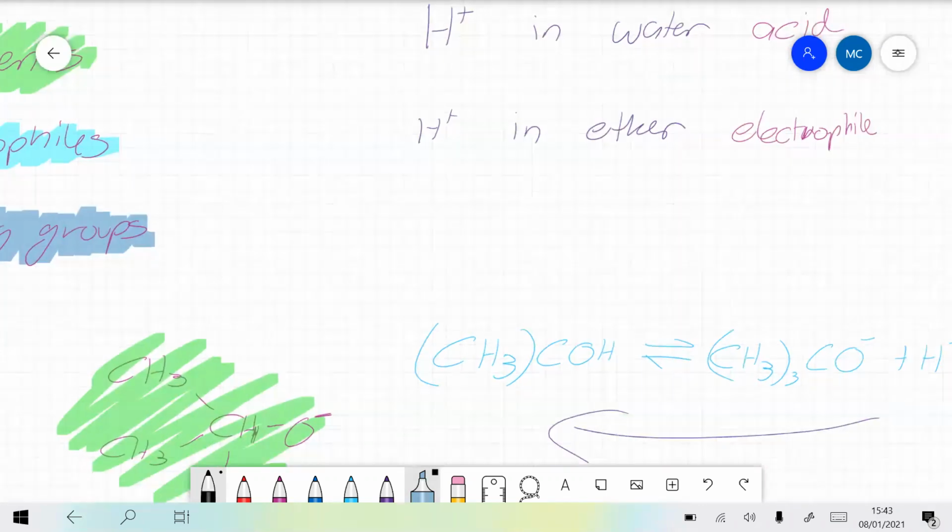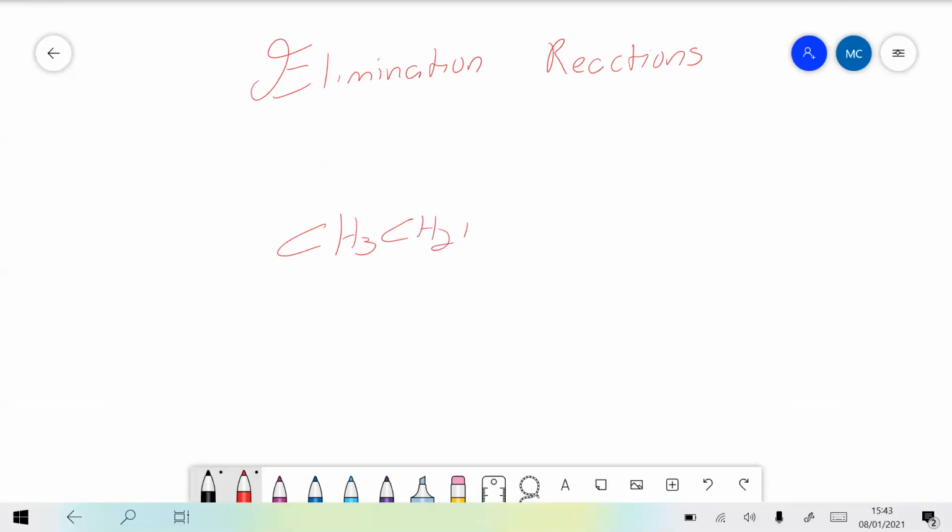We're also going to be speaking about elimination reactions. And up to now, you have done CH3CH2Br with OH minus in alcohol to give CH2=CH2 plus HBr.